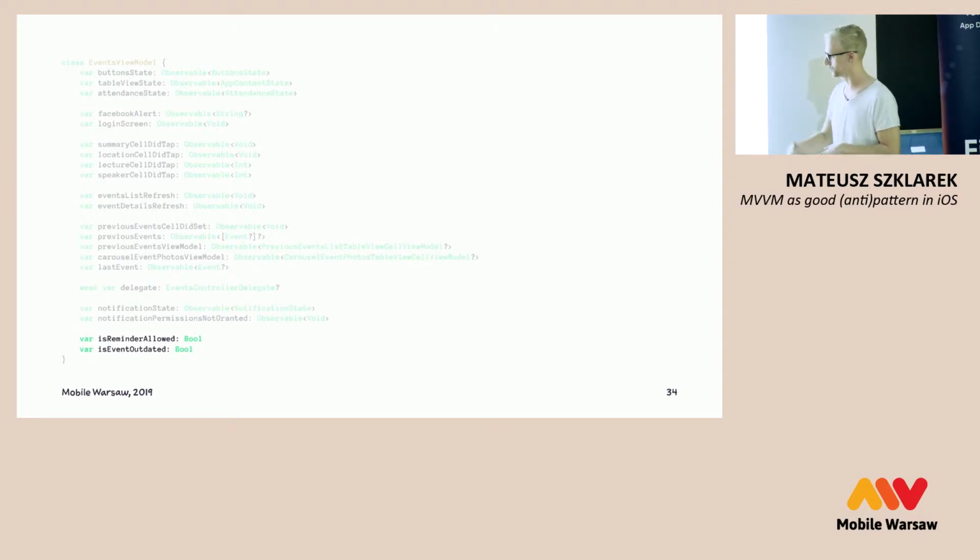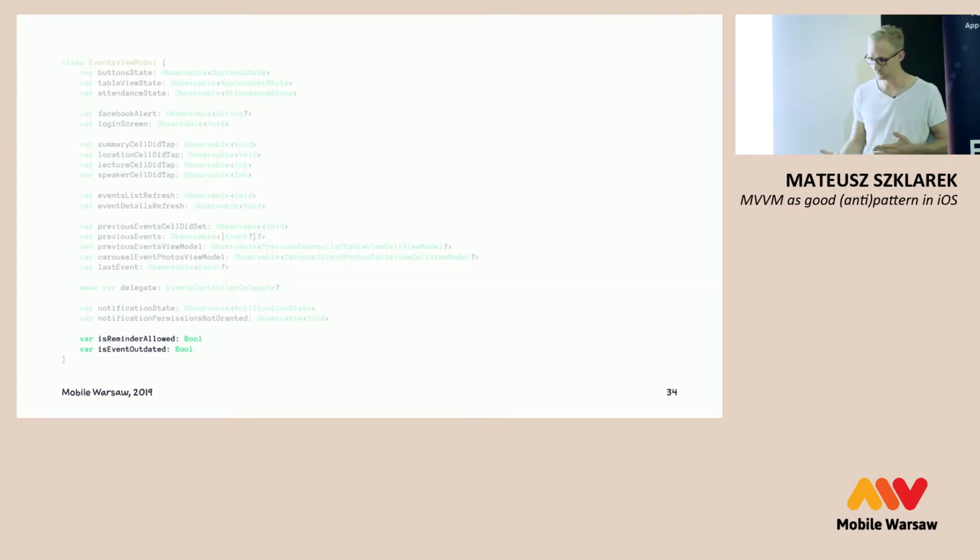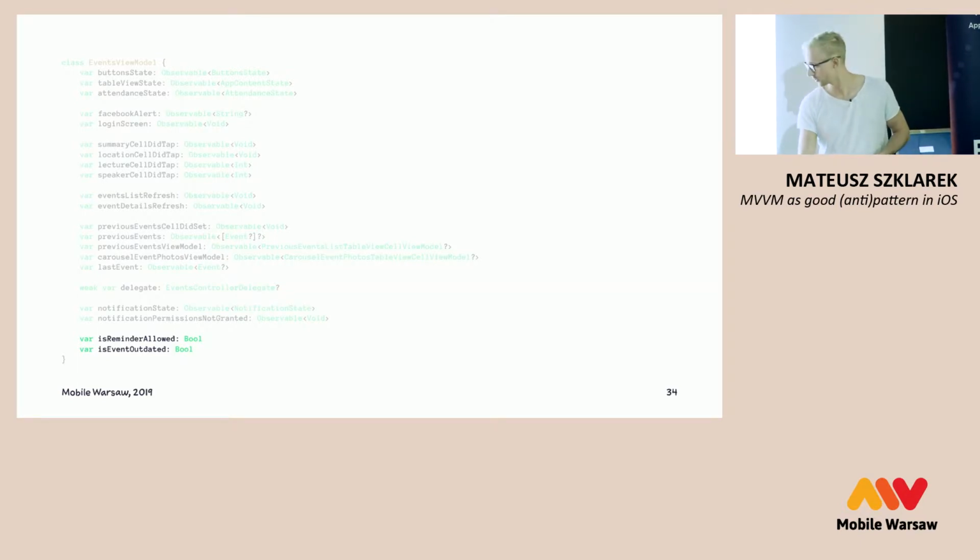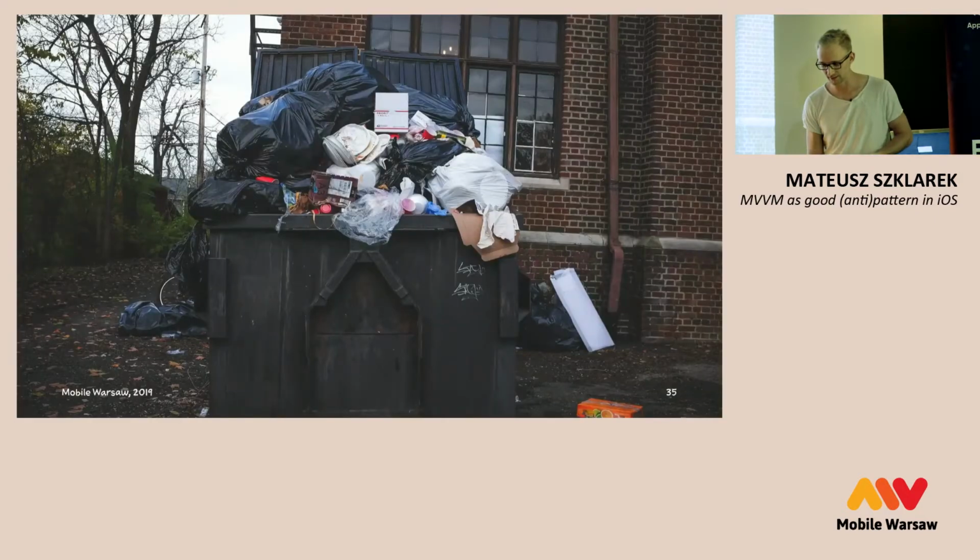I don't know basically what it means, but it doesn't matter in that case. I just want to remind you that it's just an interface, not implementation. So from my perspective, view model in many cases is nothing else than trash.